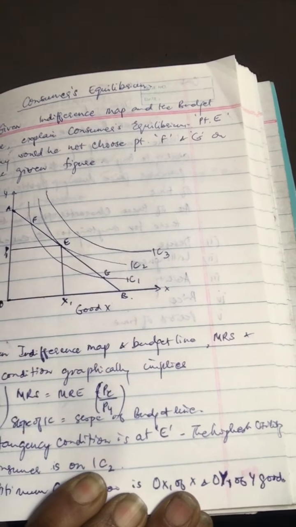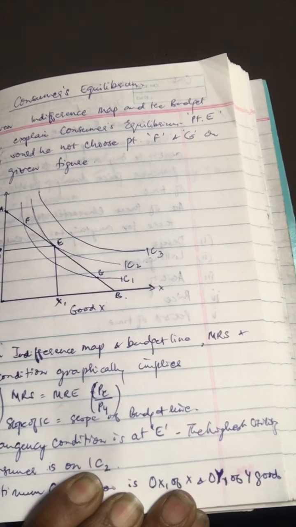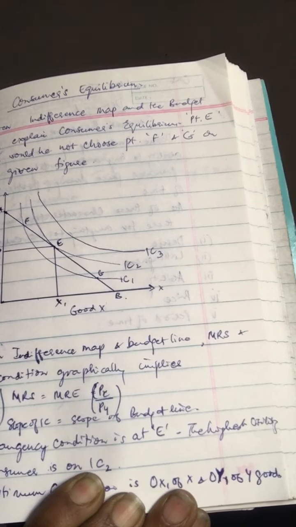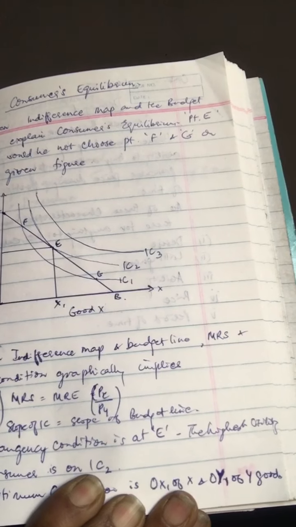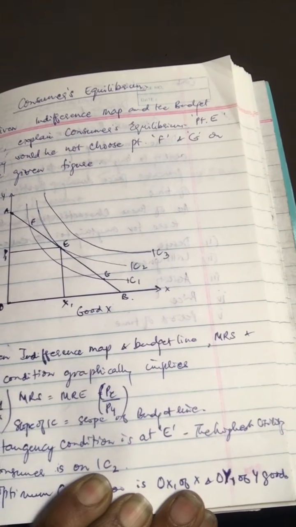So it is here that the MRS, that is the marginal rate of substitution, equals the market rate of exchange, that is the ratio of prices. The market rate of exchange is Px upon Py. And what is the marginal rate of substitution?